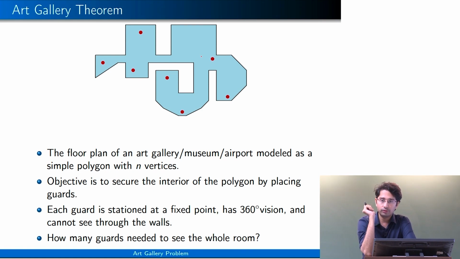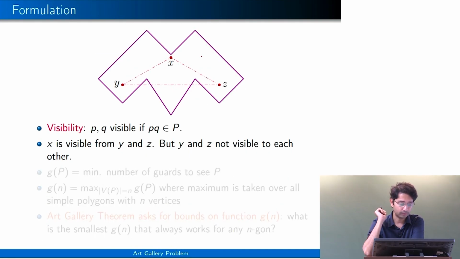If you think of this problem, this is an algorithmic problem: given a polygon, I would like to find out how many guards are needed. But today we are not going to consider the algorithmic problem, but we will try to answer a combinatorial problem.